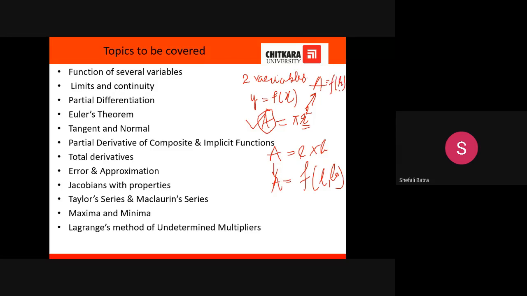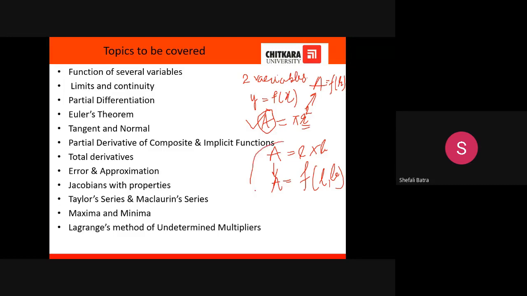Is it clear? Here the area is depending only on radius, a single variable. So I'm saying that in this function, area is a function of one independent variable, that is r. A is the dependent variable and r is the independent variable.